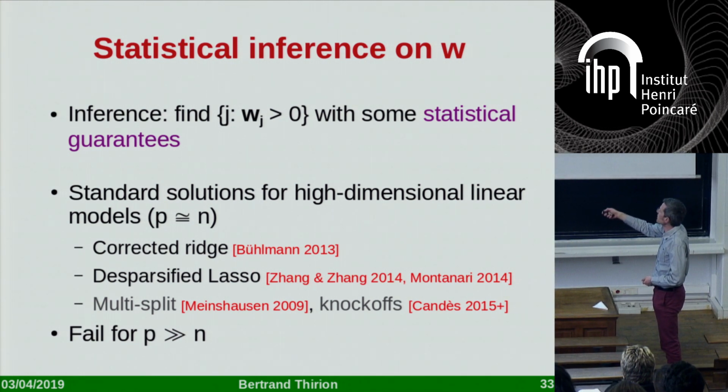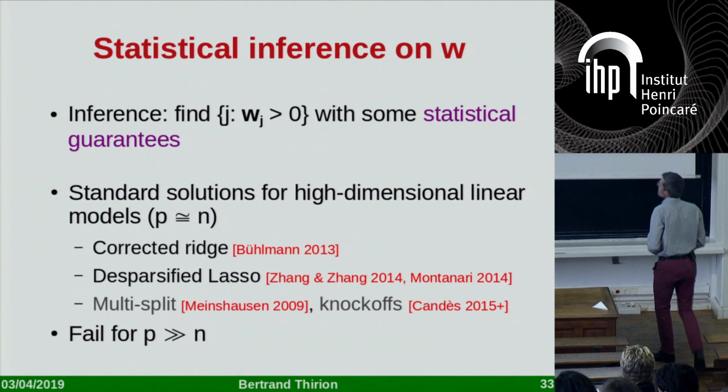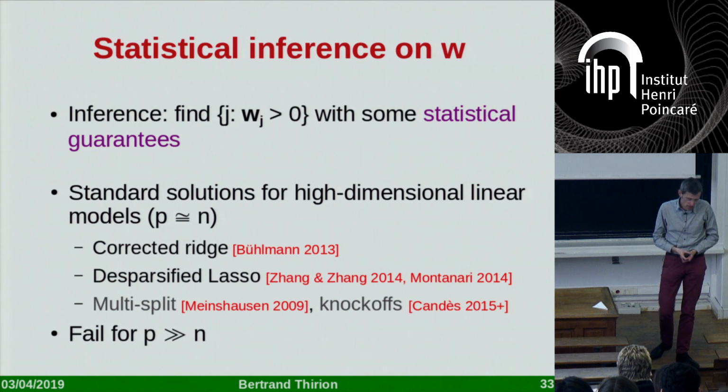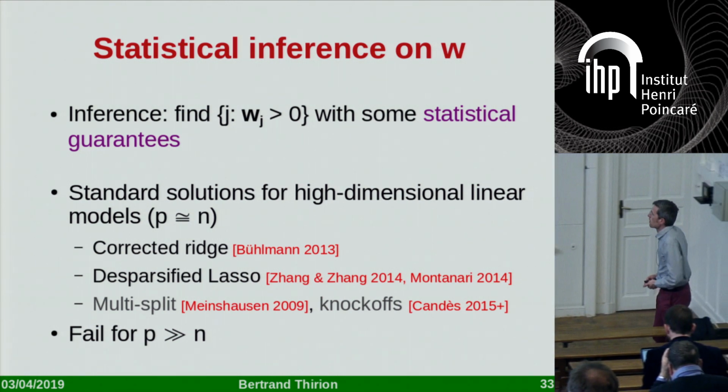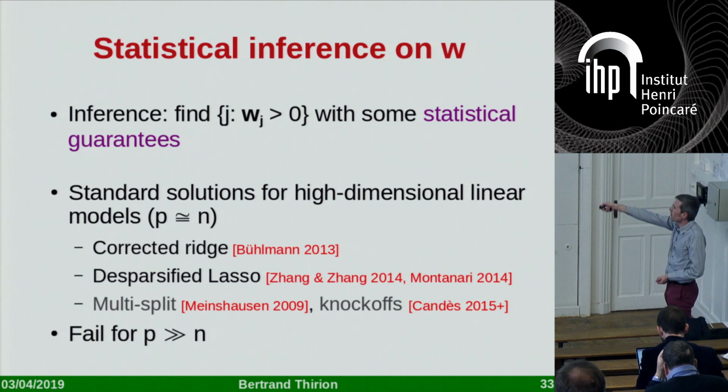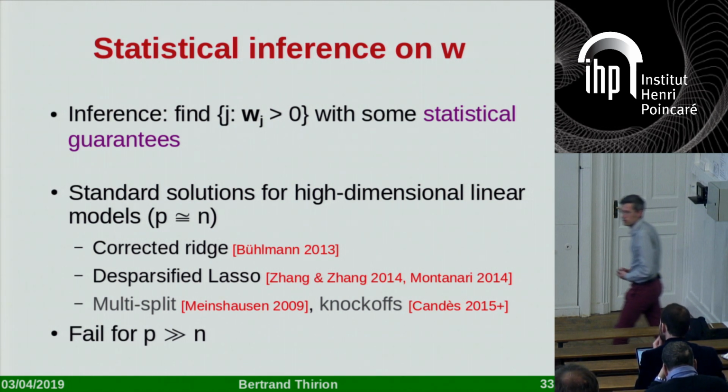Also some multi-split ideas or knockoff inference, but they are less powerful, I think. The common point of all these methods is that they can work for p maybe a bit larger than n, but not too large. When p is much larger than n, they're all going to fail.